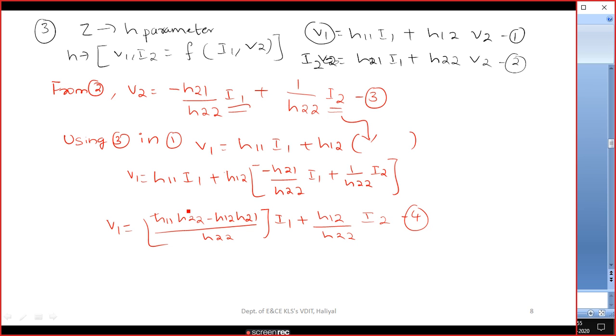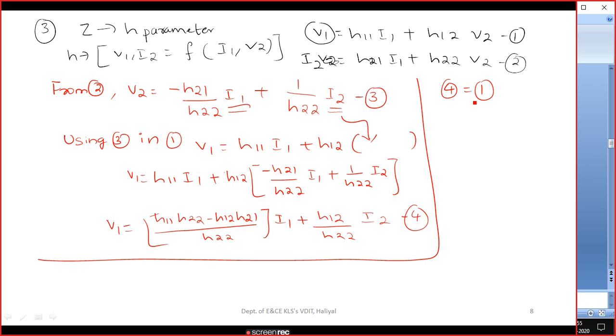So now you should be able to describe what Z11 is. If you compare equation 4 with 1, what can I write?